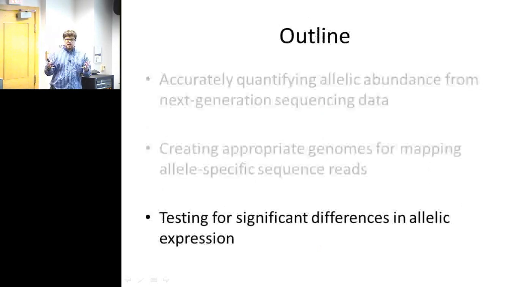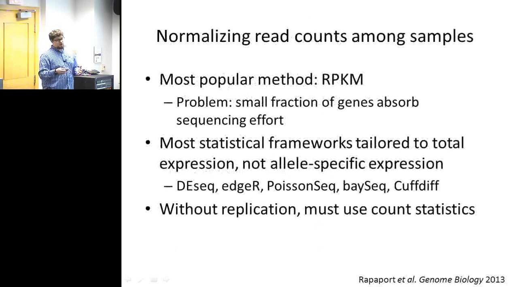So finally, once we have a set of accurate allele-specific expression calls, how do we test for significant differences in allele-specific expression? Well, one of the first things that we actually need to do is normalize our read counts. And one of the more popular strategies for this normalization is known as the reads per kilobase per million mapped reads transformation.